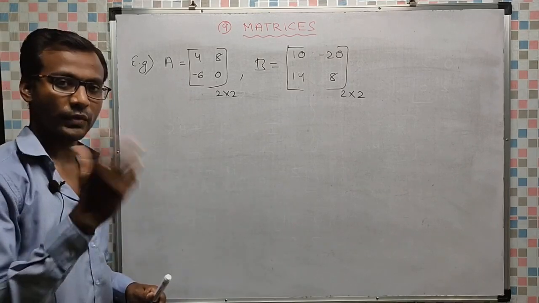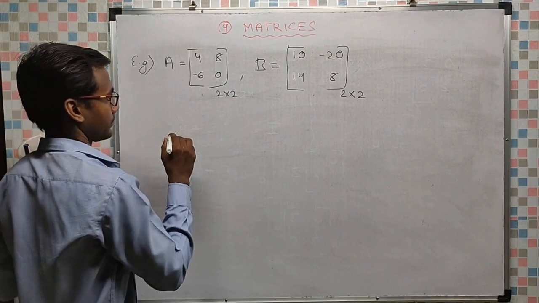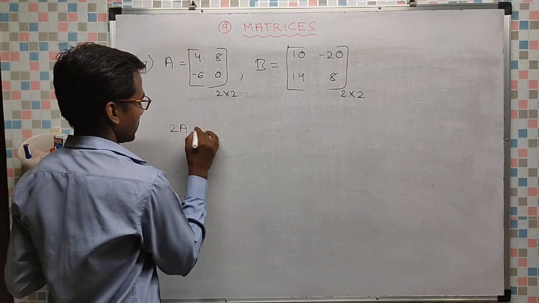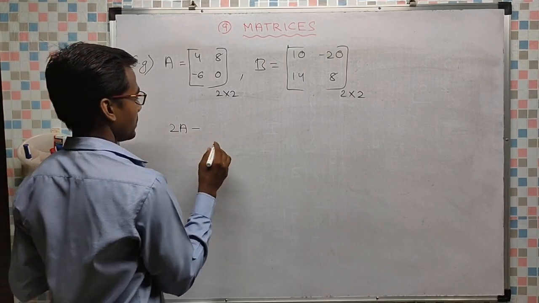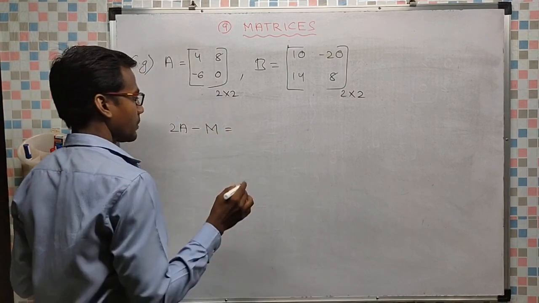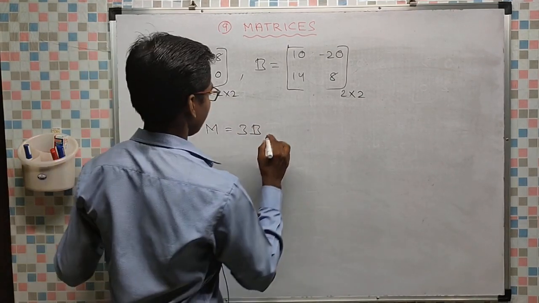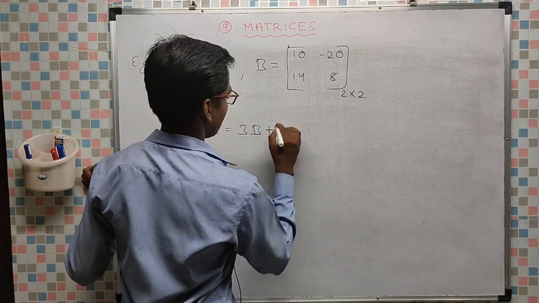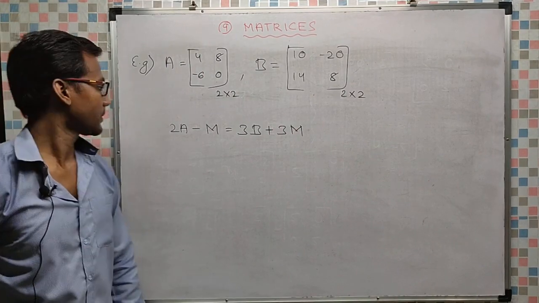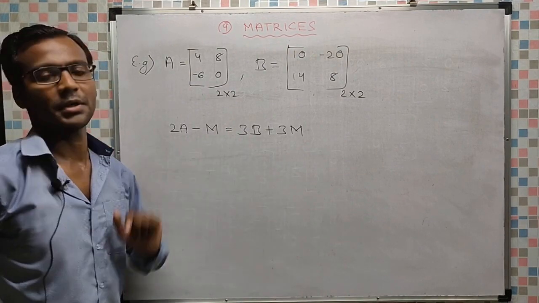Suppose an equation has been given. The equation is 2A minus M is equal to 3B plus 3M, and M is a matrix.